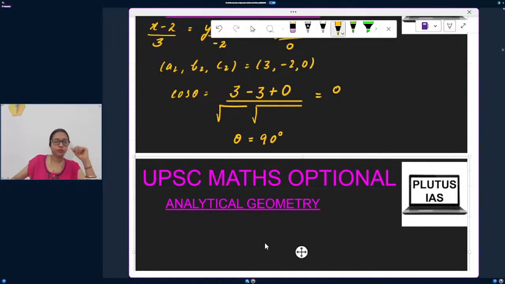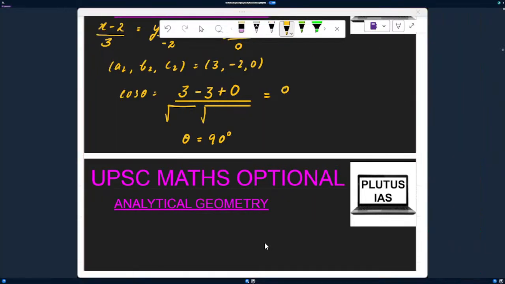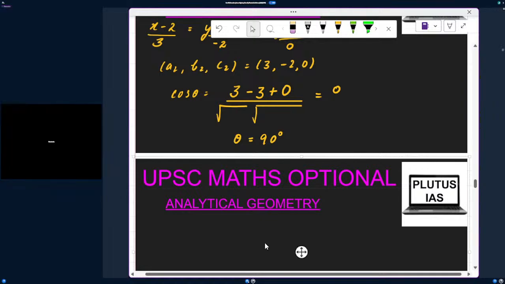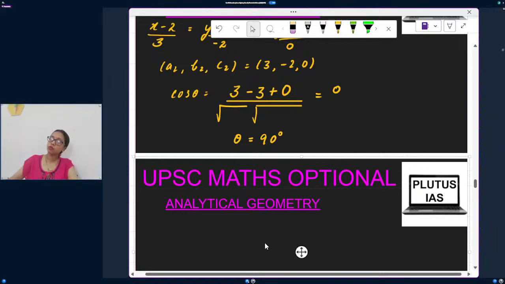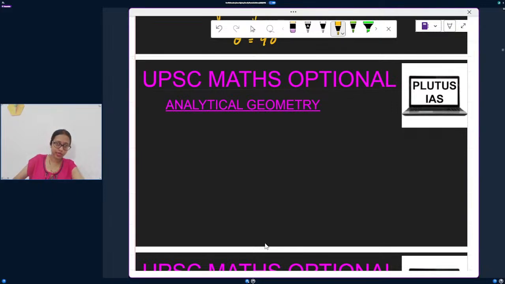If the direction ratio is not given to you, then you can find it with one more piece of information. Direction ratios you can find by 2 points on the line. Means direction ratio is not given directly. What is given?